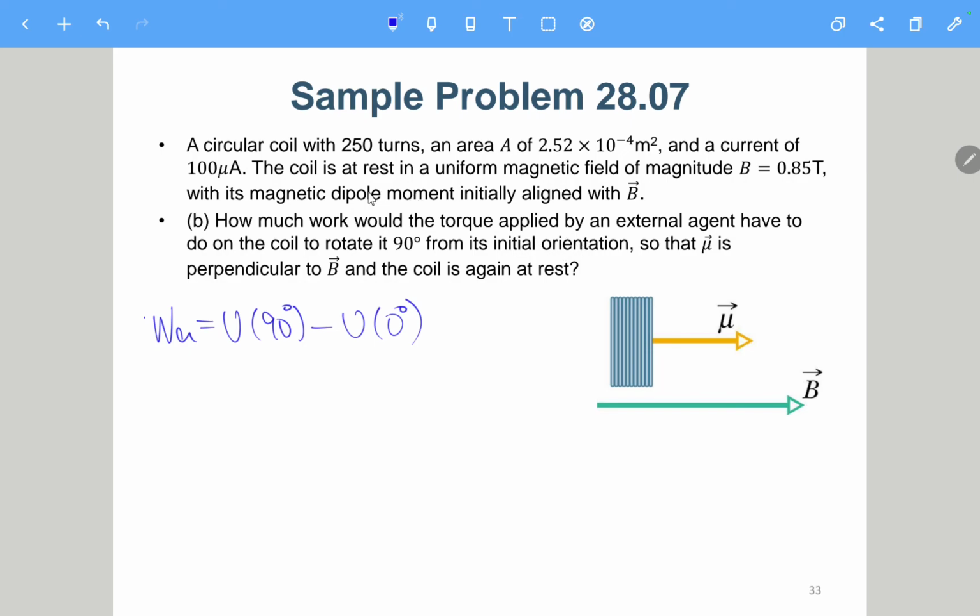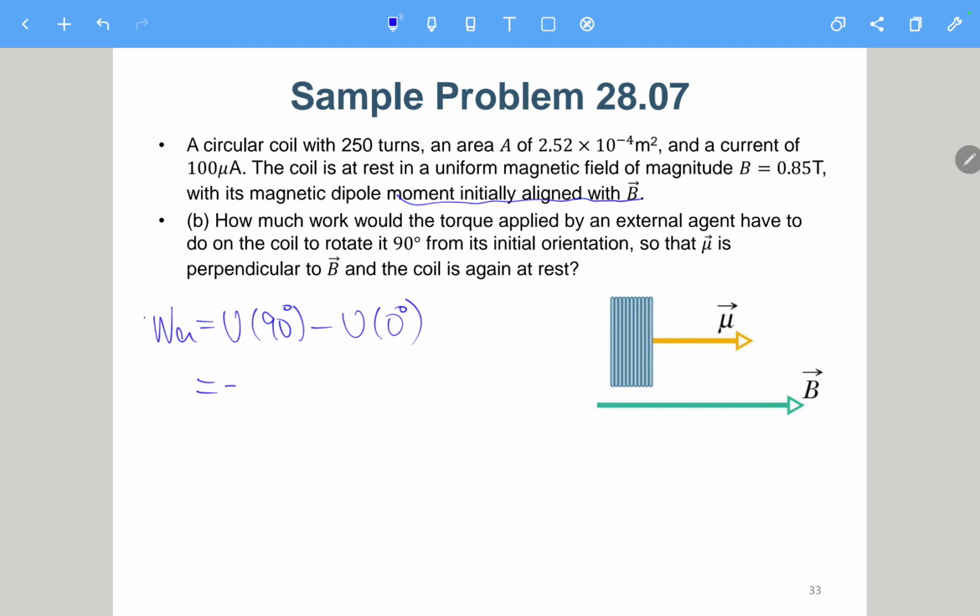For the initial orientation, the moment is initially aligned with B, which means theta is 0 degrees, the two vectors point in the same direction. Here we would like to make a 90 degree angle between them, and then finally it will rest. So there is only potential energy.